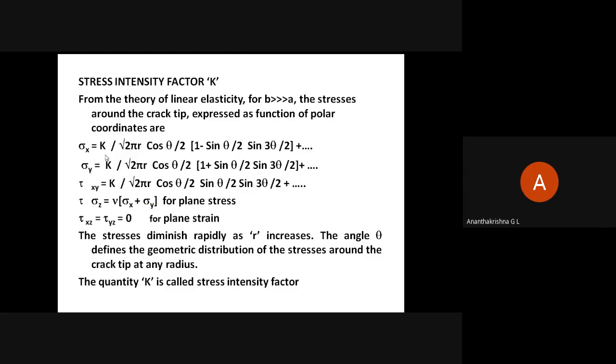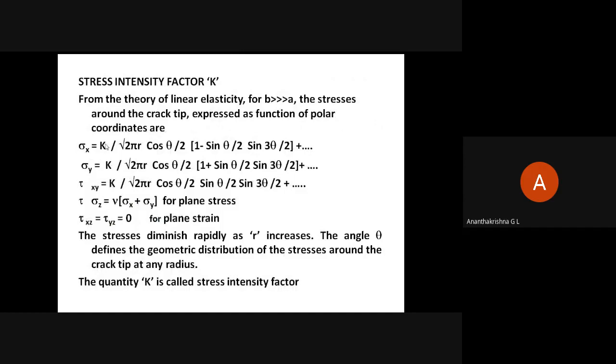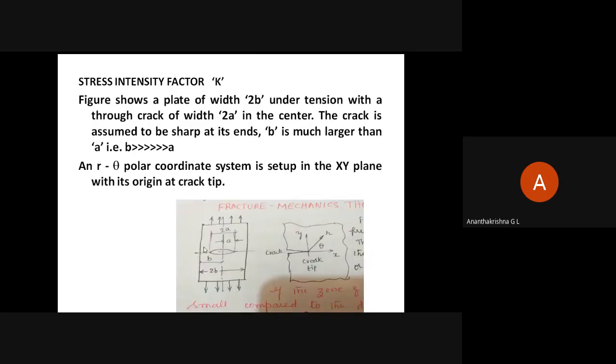The quantity K is called the stress intensity factor. Stress intensity factor is directly proportional to the stress, so as K increases, sigma x also increases.